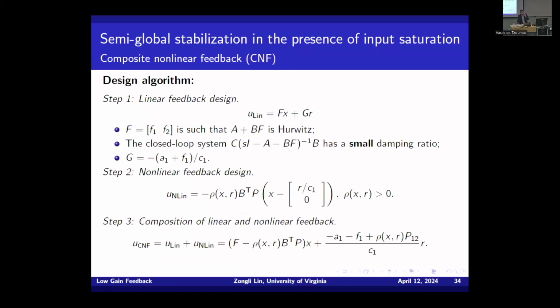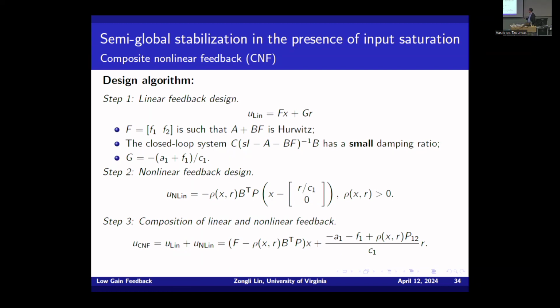And another little one, I think I like it. It's called composite nonlinear feedback. That's when I was visiting the Air Force lab many years ago. They asked me to design some controllers, and I came up with this for the fighter jet, right? It's a second order simplified equation here.